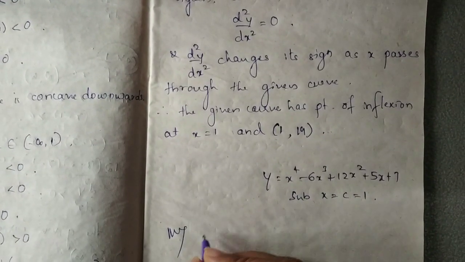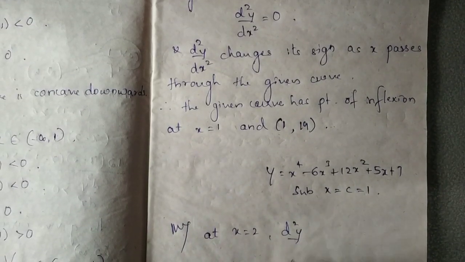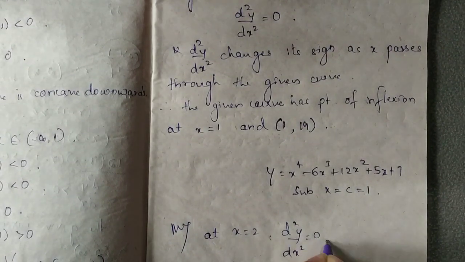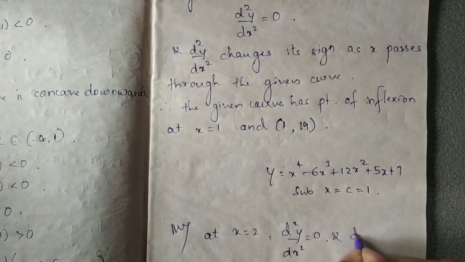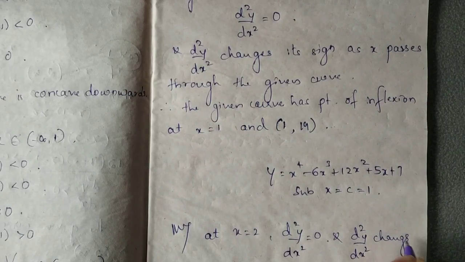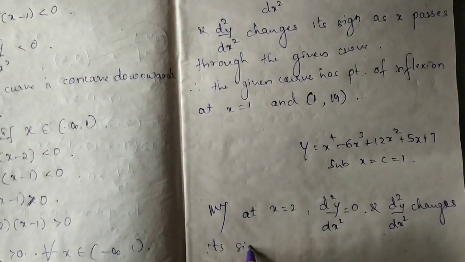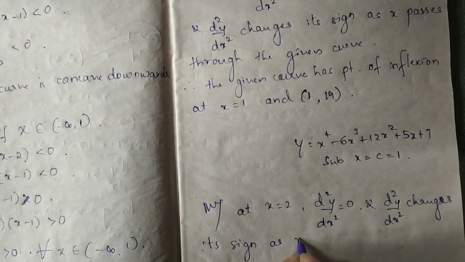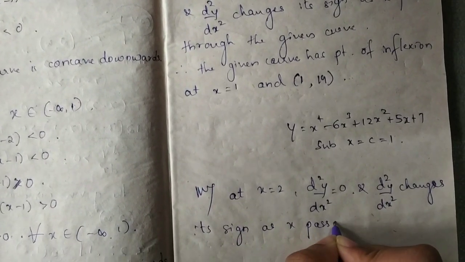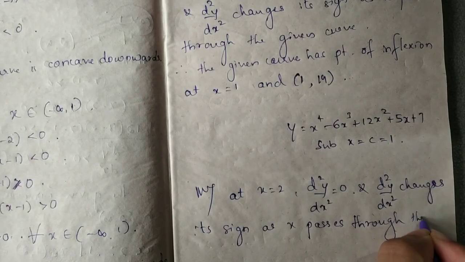Similarly, at x equal to 2, again d square y by dx square came as 0 and d square y by dx square changes its sign as x passes through 2.